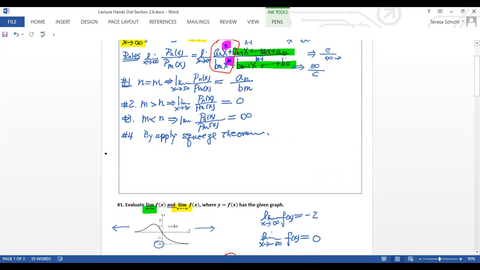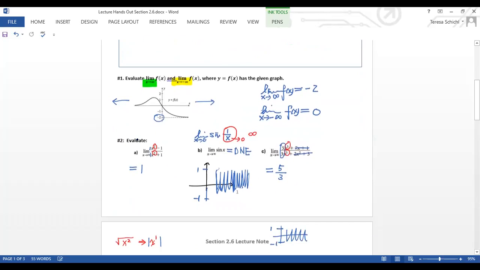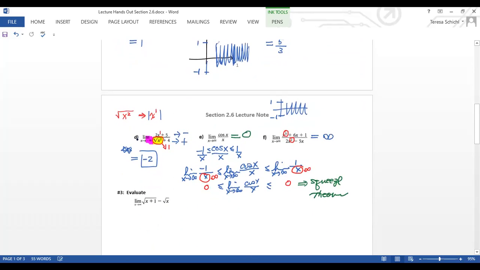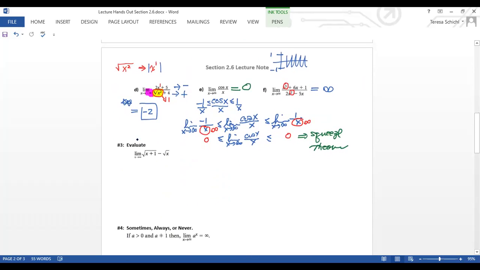So then I'm going to write another rule here. This is the one we're going to take a look at in our next examples here, right? We did these 3 examples. So now let's take a look here.